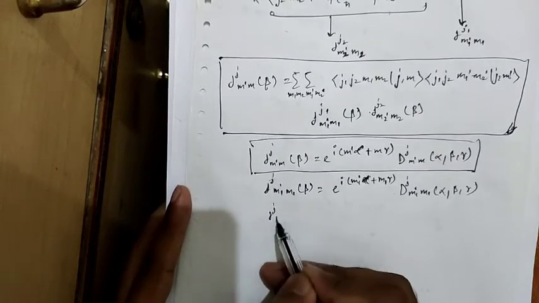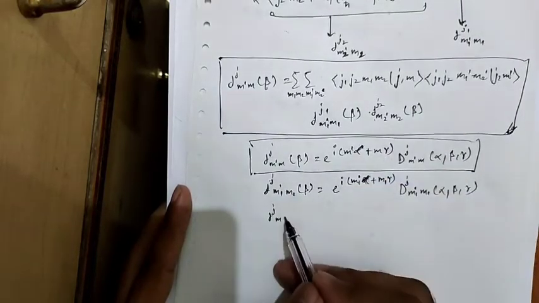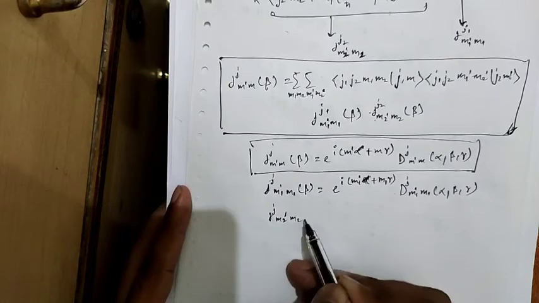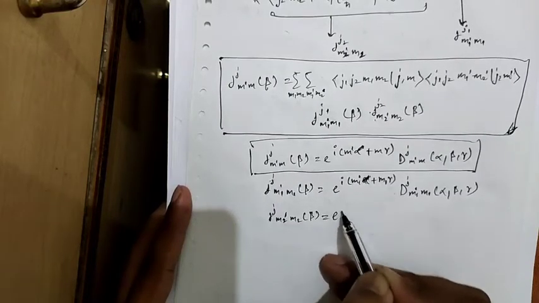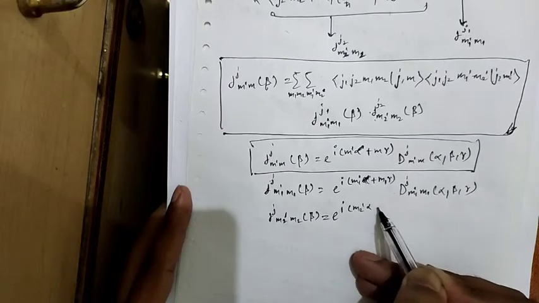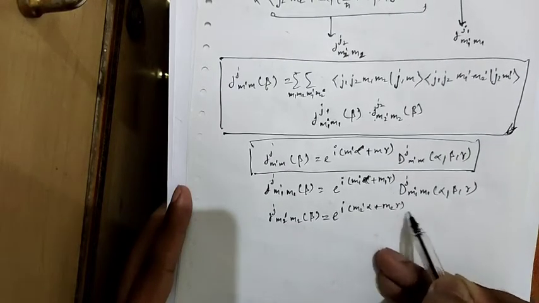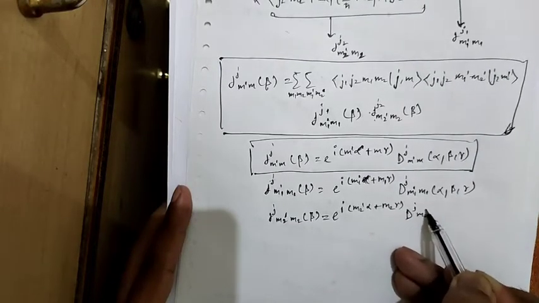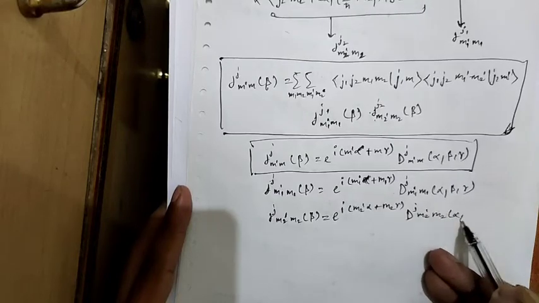Another value, dj2 m2 dash m2 beta, is simply e^(i m2 dash alpha plus m2 gamma) dj2 m2 dash m2 alpha beta gamma.